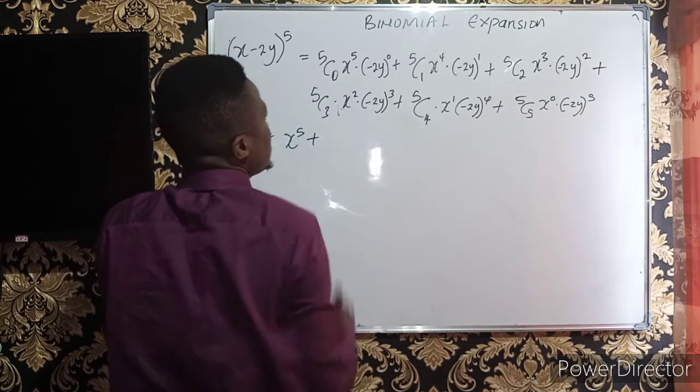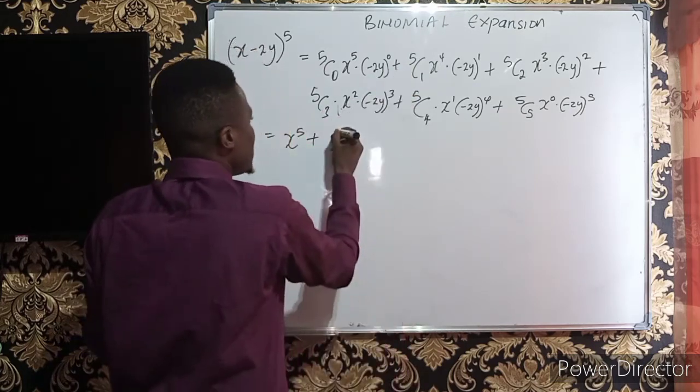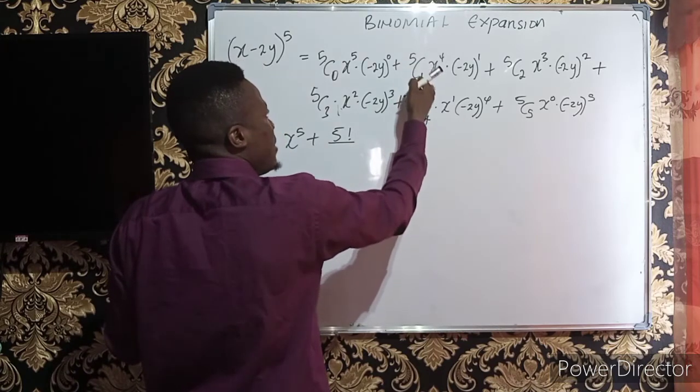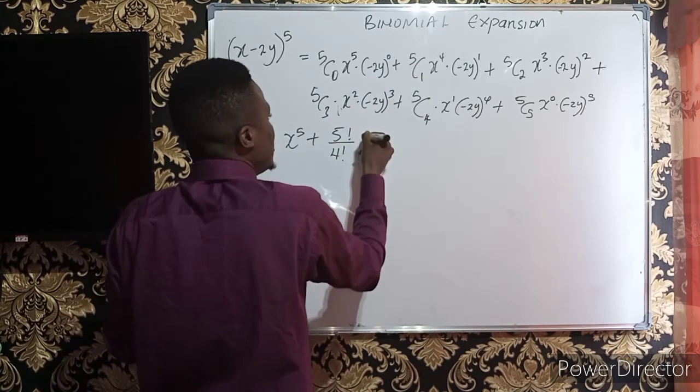x to the power of 5 plus 5 combination 1, which means 5 factorial over 1 factorial, 5 minus 1 factorial is 4 factorial.